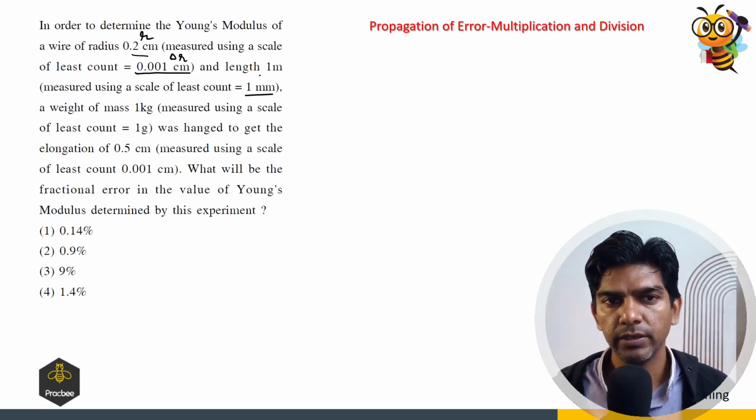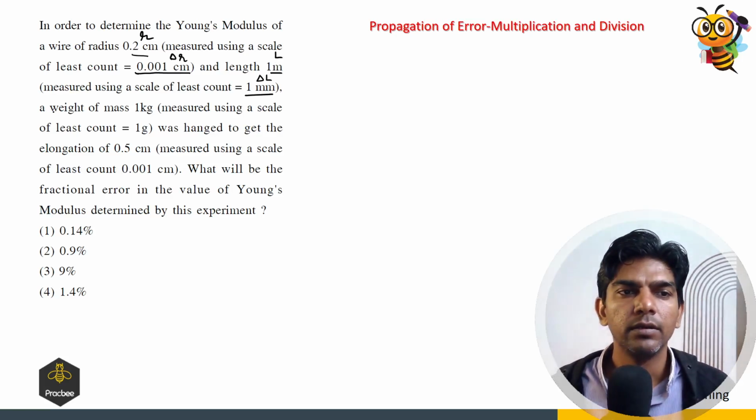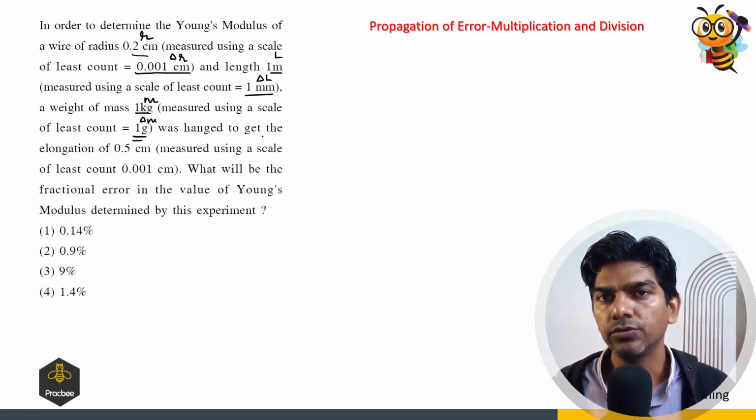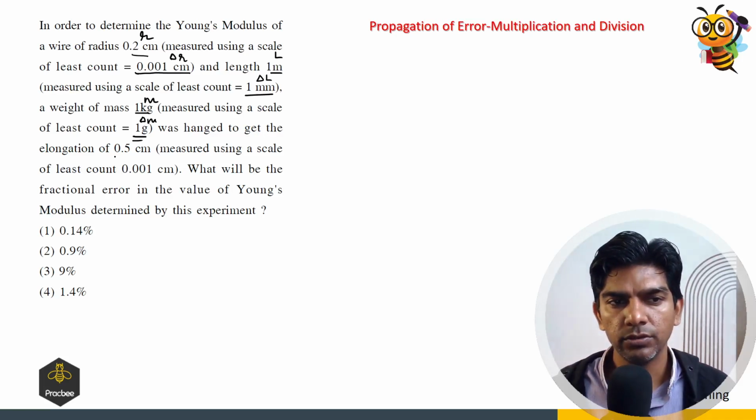So this will be delta L and this will be L, right? A weight of mass 1 kg measured using a scale of least count 1 gram. So that will be delta M and this will be M. Was hanged to get the elongation of 0.5 centimeter. Let us say this is small l, which is the elongation, and this is the error in elongation.